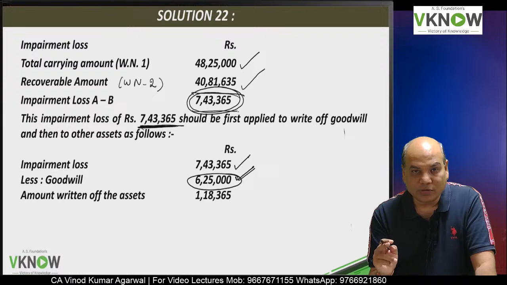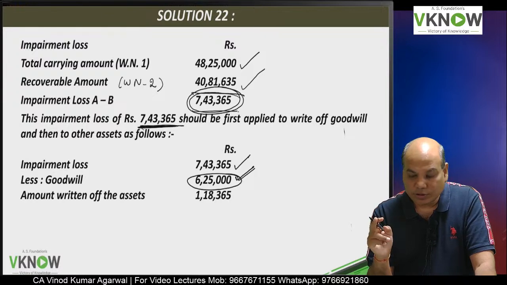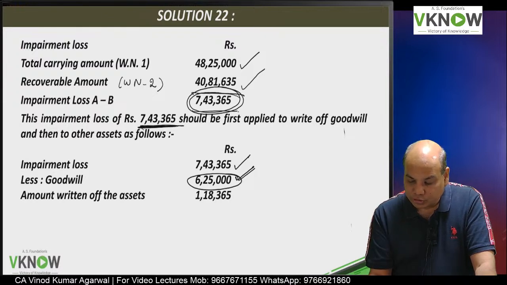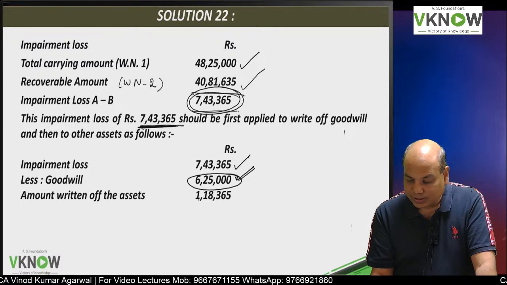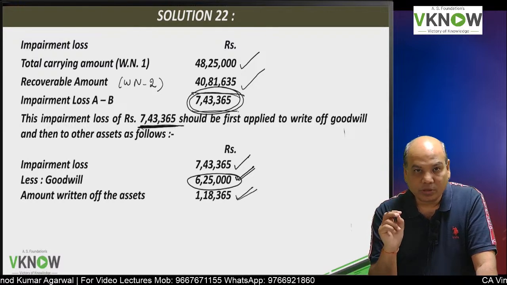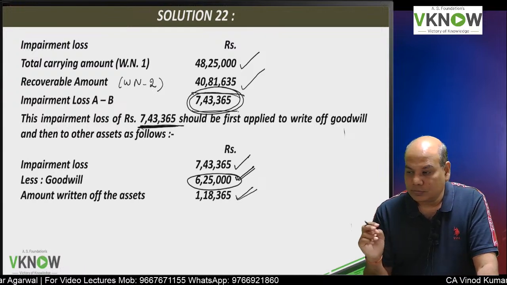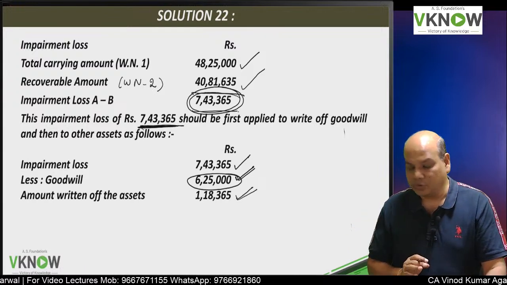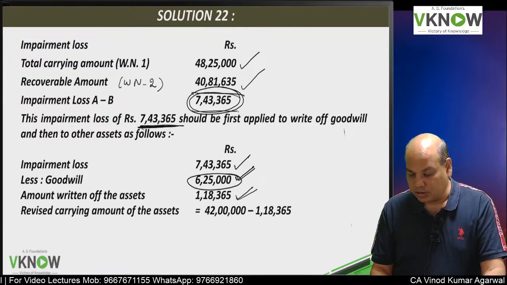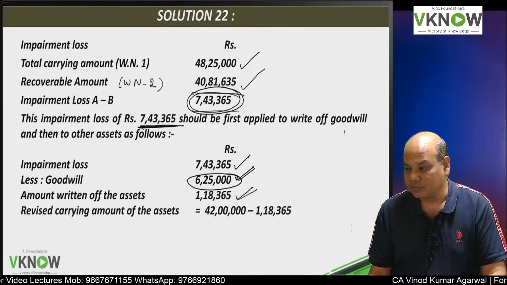What was the balance in goodwill? 6,25,000. So that goodwill will become 0 and the remaining impairment loss amount will be used to write off the asset. 1,18,365.